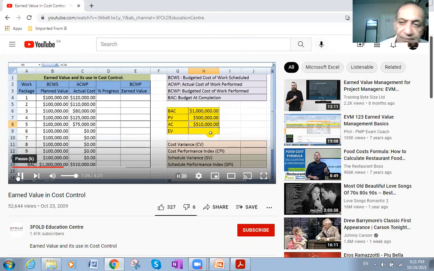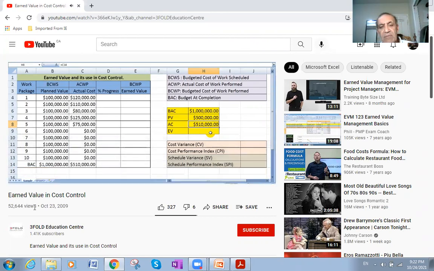At the surface level, we might think cost-wise we are not performing well because we were supposed to spend 500,000, but we spent 510,000. But the actual scenario is we cannot tell how we are performing. To know exactly how we are performing cost-wise and in fact schedule-wise, we need to get the earned value.